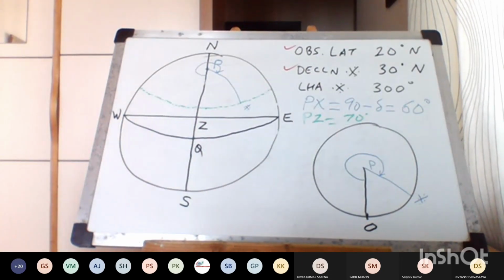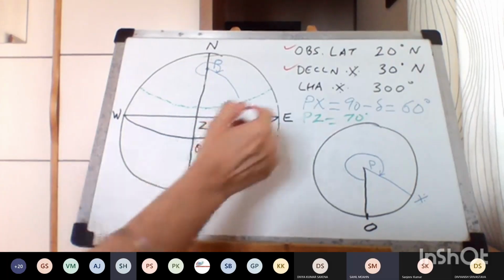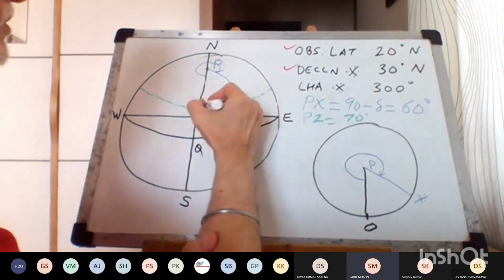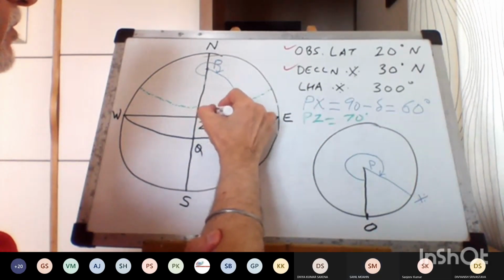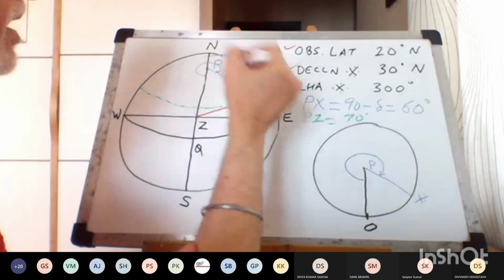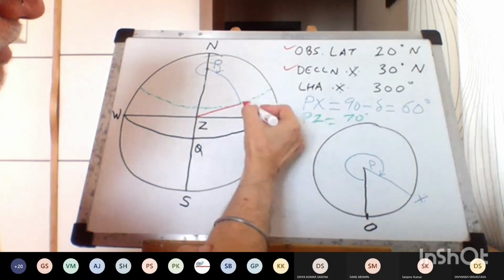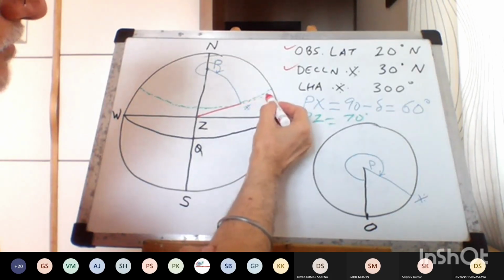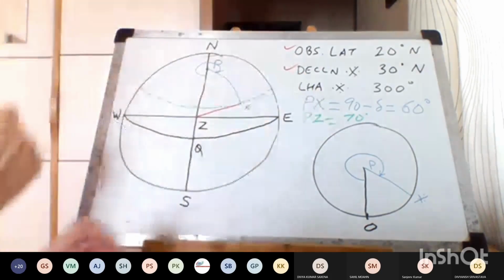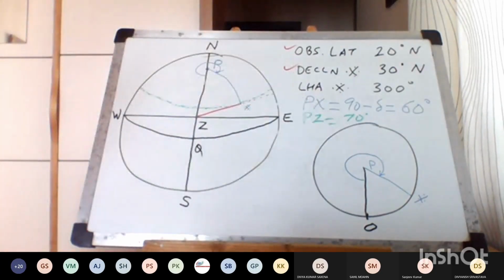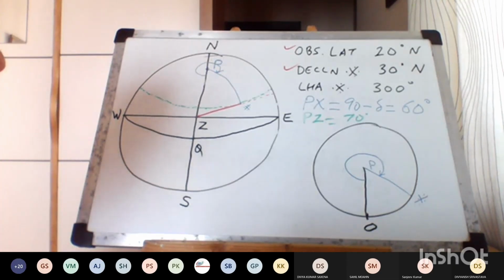ZX is 90 minus true altitude. If I take the altitude by means of a sextant, 90 minus the altitude will give me ZX. That is the zenith distance.